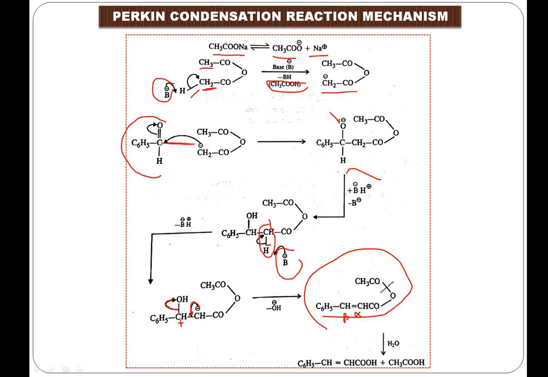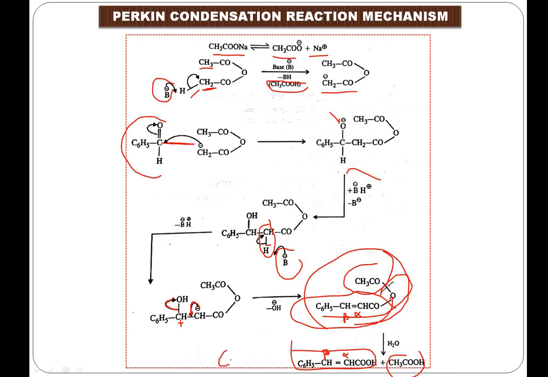And if you heat this compound, then it will release this portion in presence of water. So it will form acetic acid. And this portion is released here along with the addition of hydrogen. So it forms this acid, which is alpha beta unsaturated carboxylic acid.